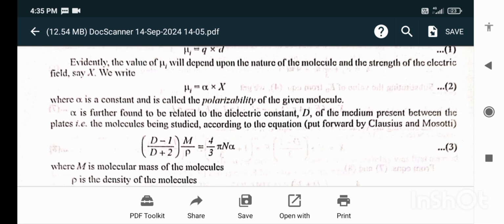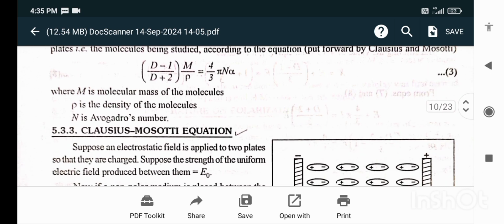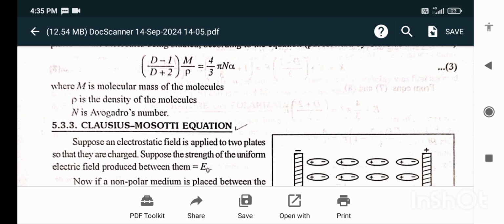Alpha is further found to be related to the dielectric constant of the medium present between the plates, that is, the molecules being studied, according to the equation put forward by Clausius and Mossotti, where m is the molecular mass of the molecules, rho is the density of the molecules, and N is Avogadro's number.